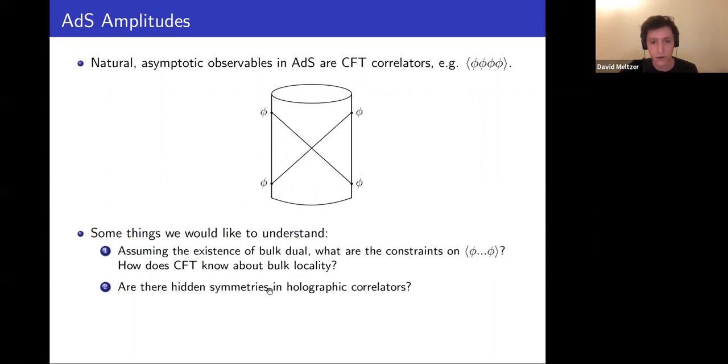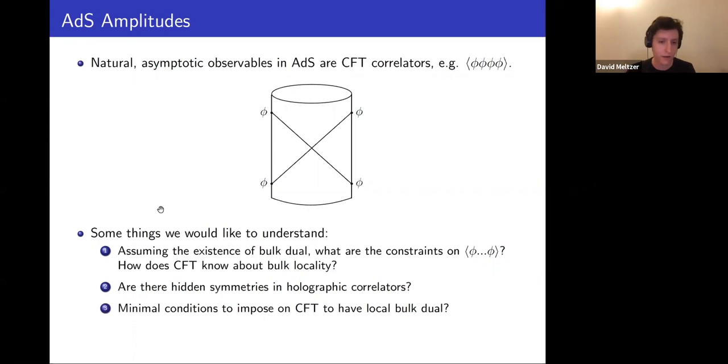So for these first two questions, I'm really assuming the existence of a bulk dual, and I'm deriving properties that my CFT correlator has to satisfy. And then with the third question, we try to go in the reverse direction. We'd like to understand what are the minimal conditions we have to impose on our CFT to have a local bulk dual.